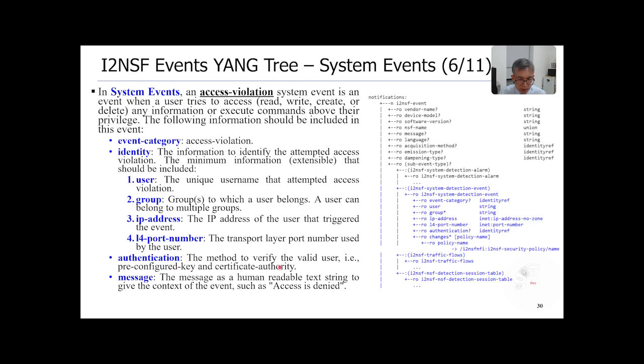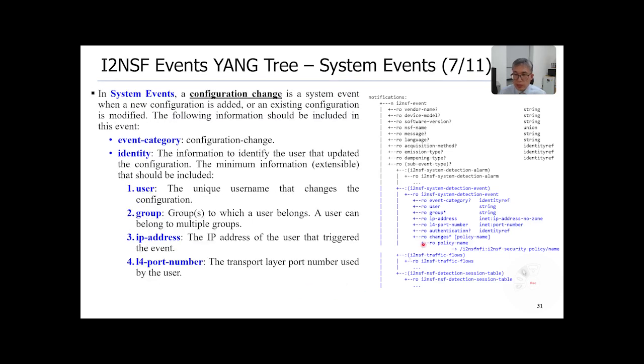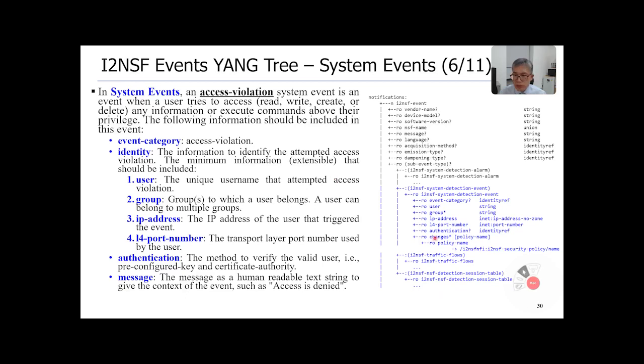The method to verify the valid user, such as the pre-configured key and the certificate authority, and the message for human analysis, such as access is denied. So this is the system event Yang tree.